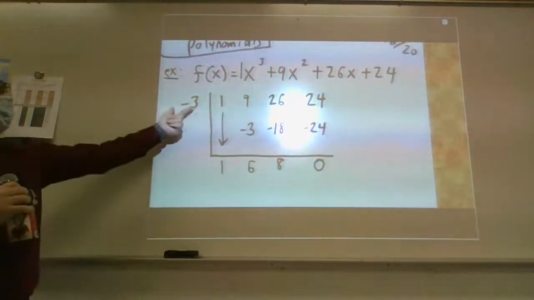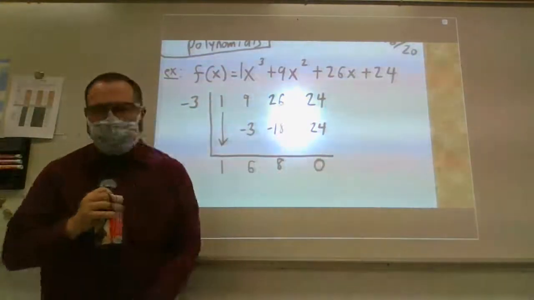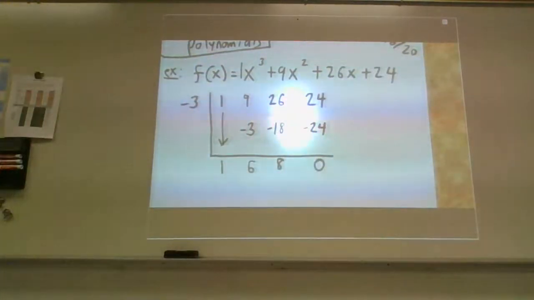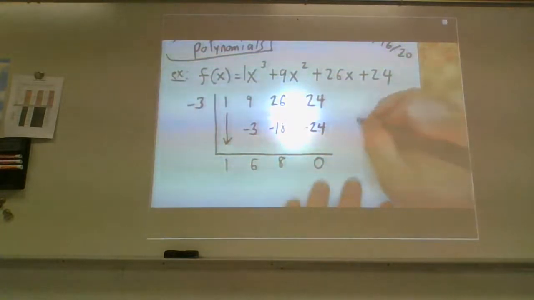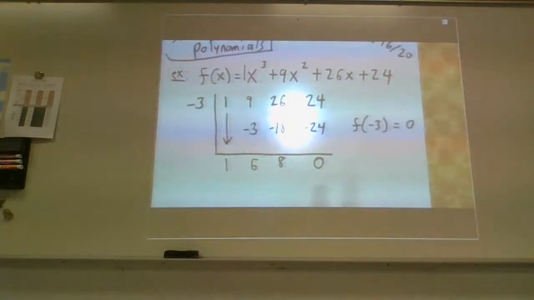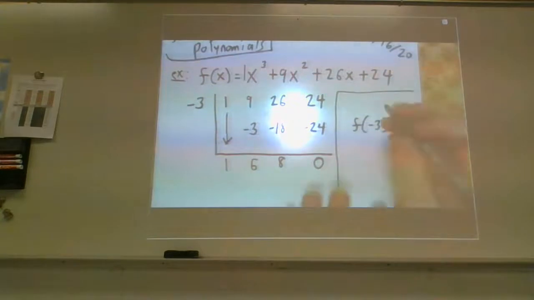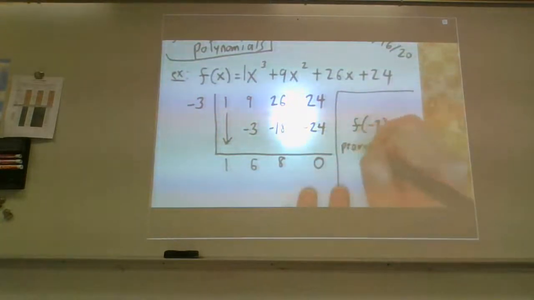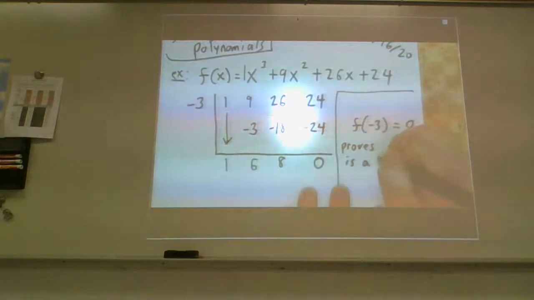Anyway, when you plug a -3 into this function, you get a 0 back as the output. So let's see what happens here. Let me write down some additional information for you. First of all, this 0 proves that when you do f of -3, you get 0. It shows that definitively. It proves -3 is a 0.